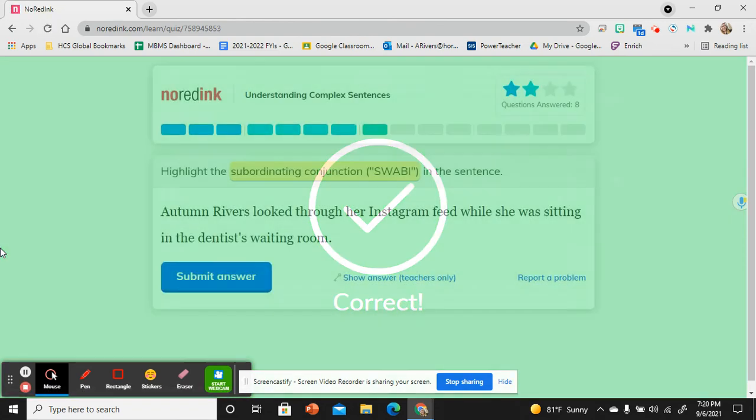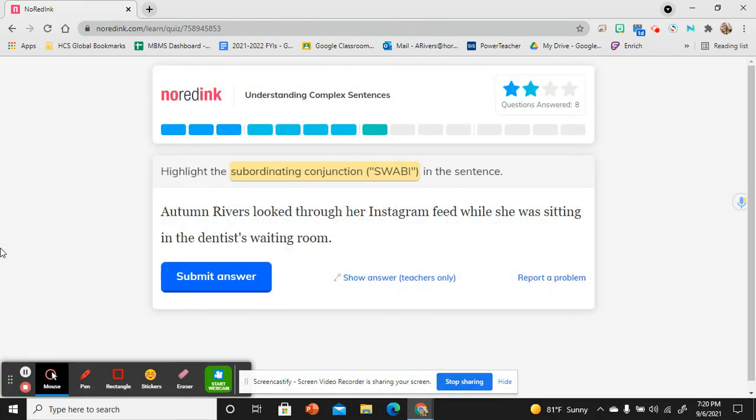So you're not going to have those moments where you don't have a SWABI that we've listed already: since, when, after, because, if. But occasionally you might, just like this question right here. Autumn Rivers looked through her Instagram feed while she was sitting in the dentist's waiting room. Which word is acting as the subordinating conjunction?